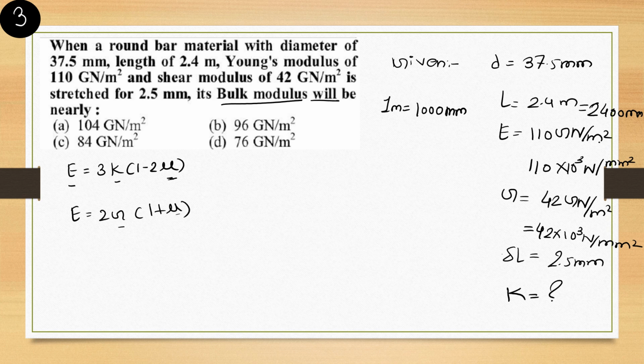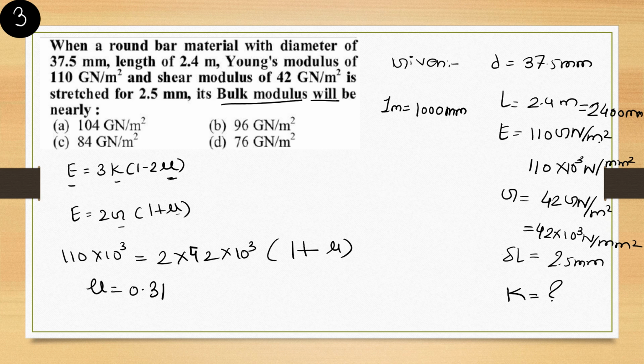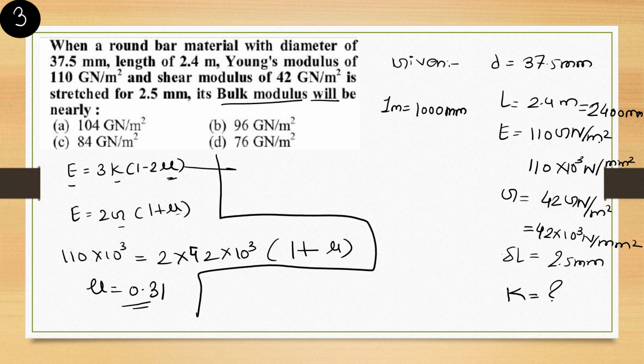E is 110 into 10 raised to 3 equals 2 into 42 into 10 raised to 3 in bracket 1 plus mu. So the mu value is 0.31. We put that mu into this formula.